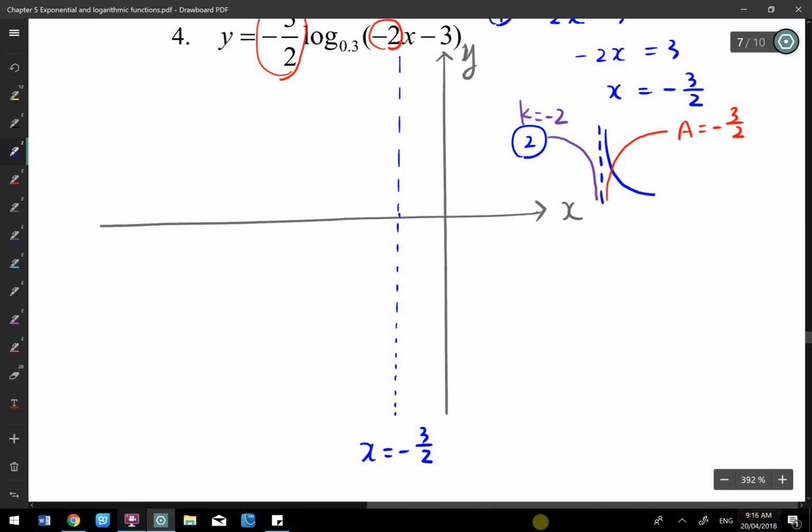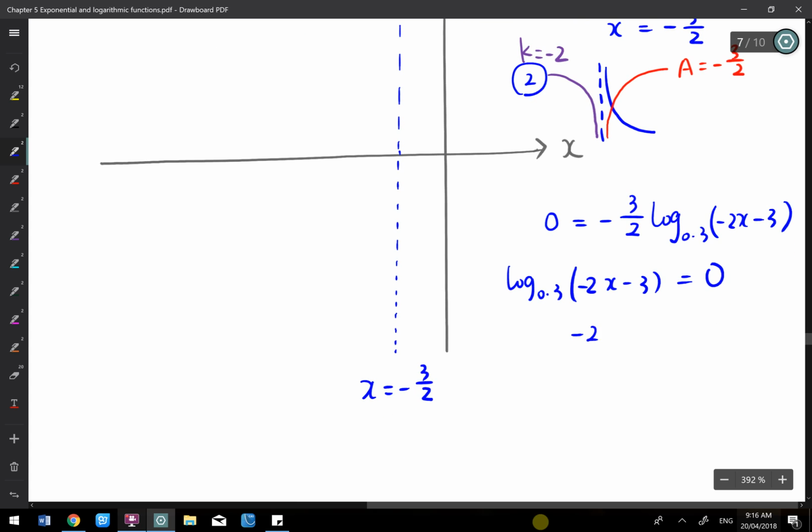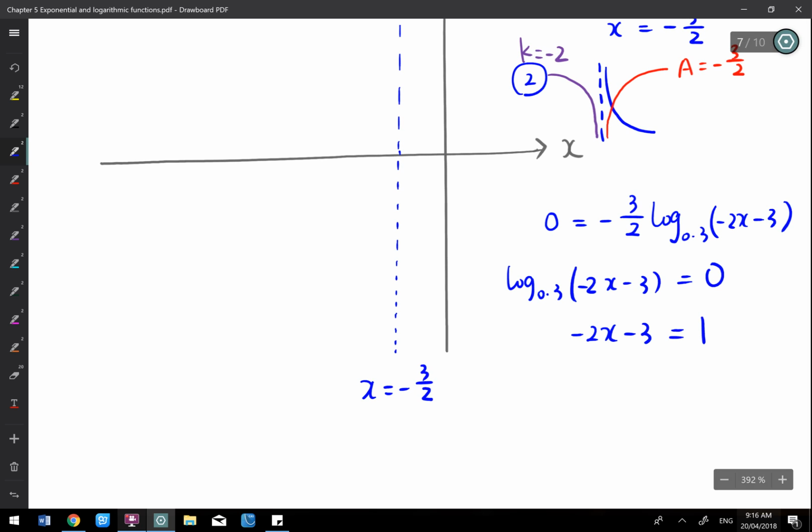So we make y equals 0. So log base 0.3 of (minus 2x minus 3) equals 0. You see, minus 2x minus 3 must be 1 because 0.3 to the power of 0 is 1.